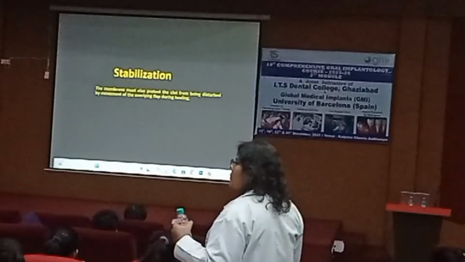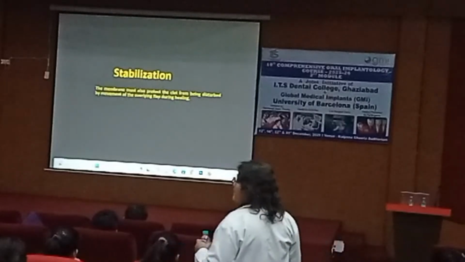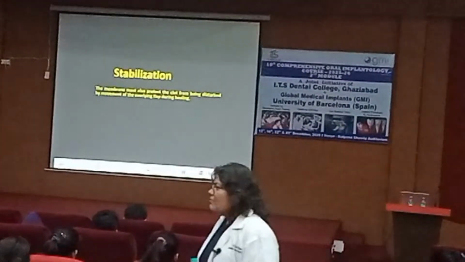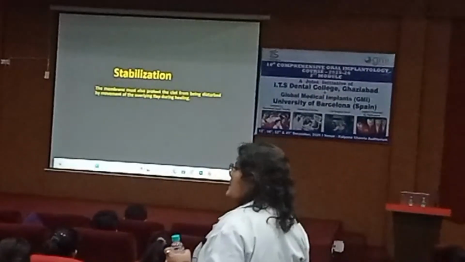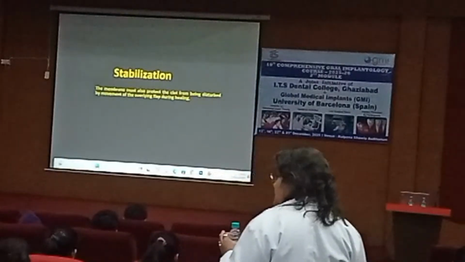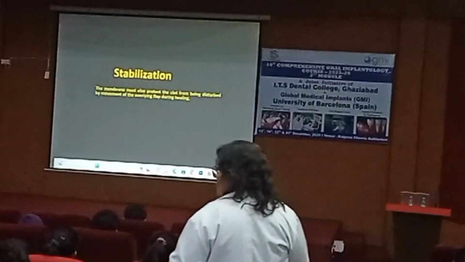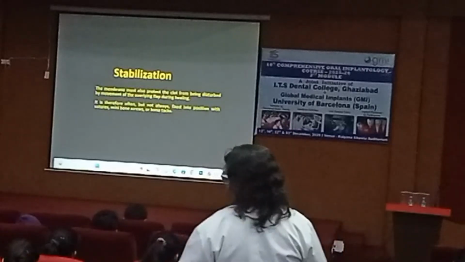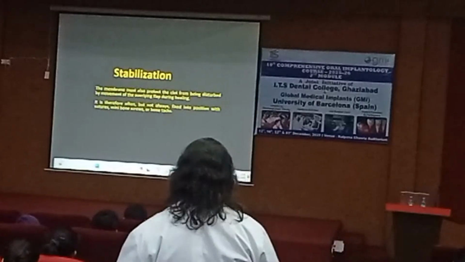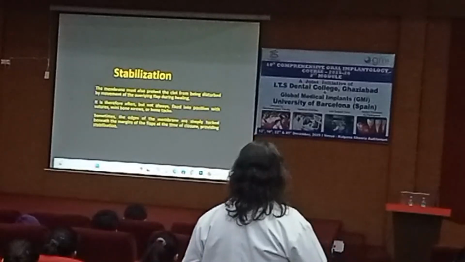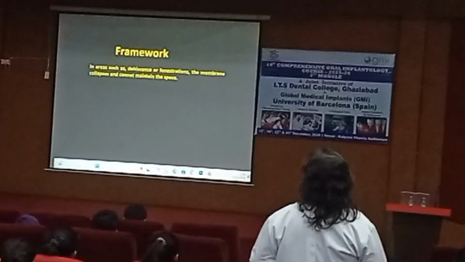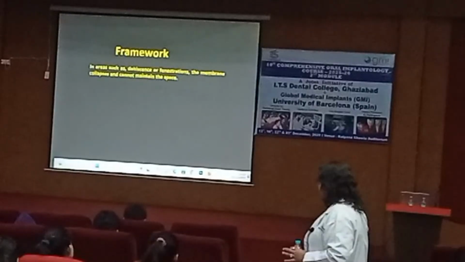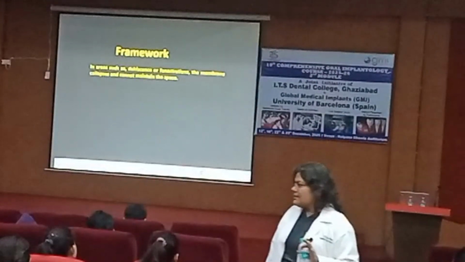So whenever we are performing the surgery and we see that the membrane cannot be stabilized over the defect, we have to stabilize it physically, either using sutures, where we tie it with the mucoperiosteal flap, or sometimes we use tacks, that is also called bone tacks. Right? And the framework. In areas such as dehiscence or fenestration, the membrane collapses.